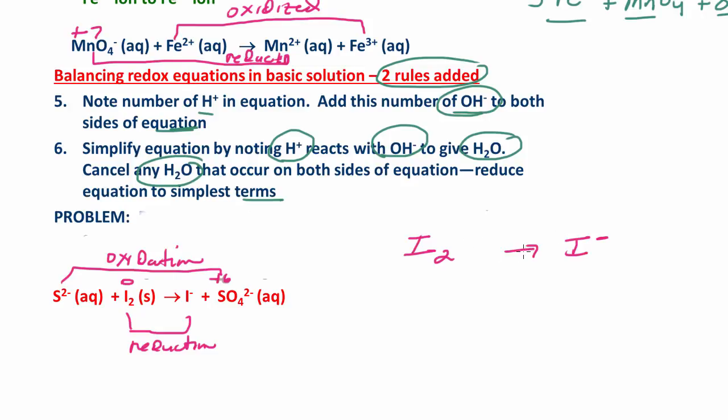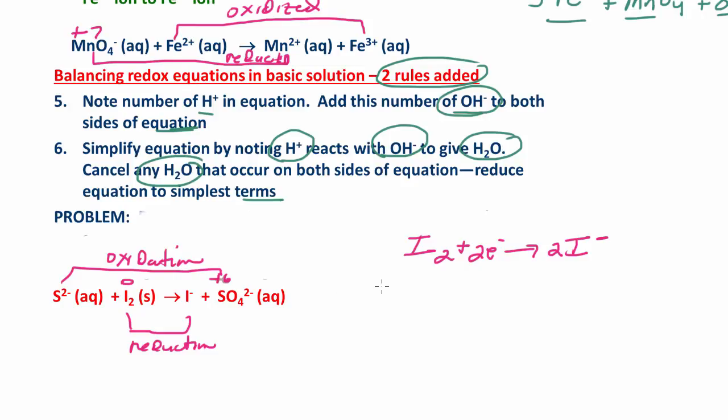And what I need to do is balance what I have here. So I have the 2 iodides here, and I'll put the electrons on this side. We're going from 0 to a -1, so here I'm going to need 2 electrons.